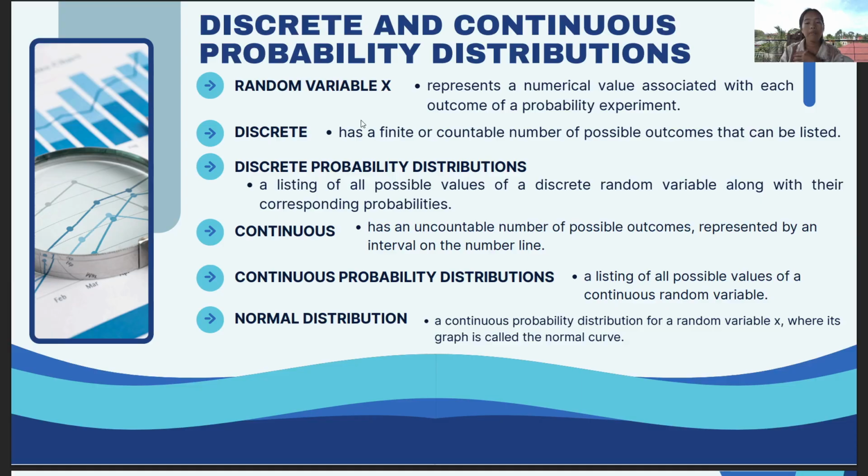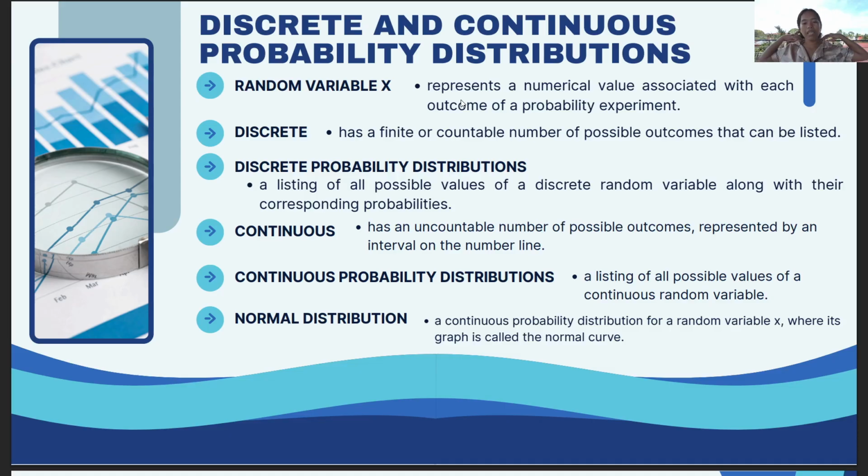So, discrete and continuous probability distributions. A random variable x represents a numerical value associated with each outcome of a probability experiment. Discrete has a finite or countable number of possible outcomes that can be listed.